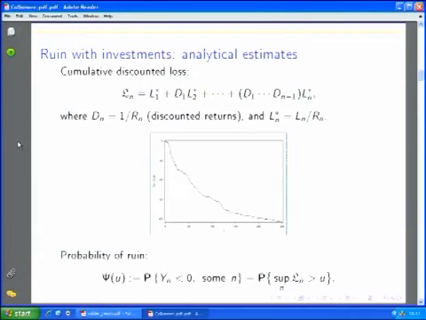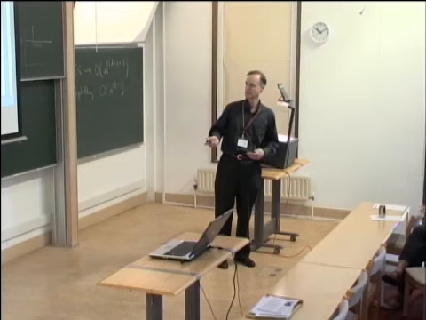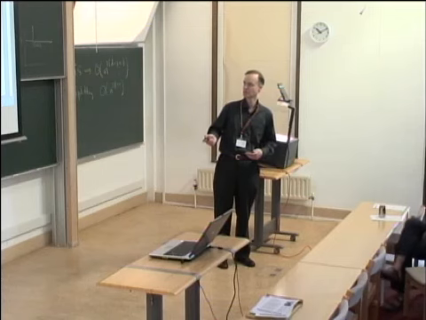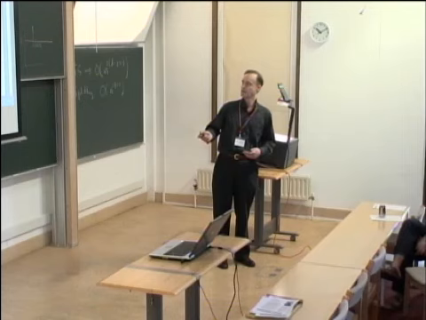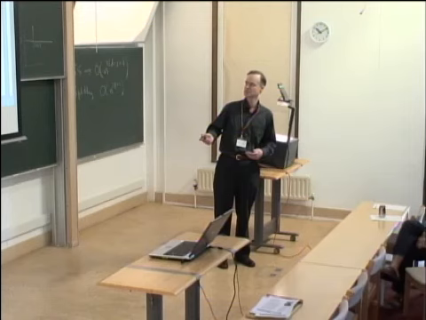And so this is now a process which is shown here in the picture. It now starts at 0. It decays along the negative axis. And of course, there's now a lot of dependency in the step sizes which come from the discounted returns.